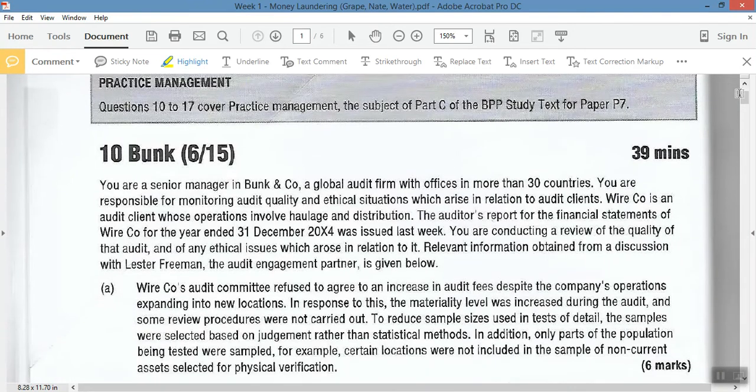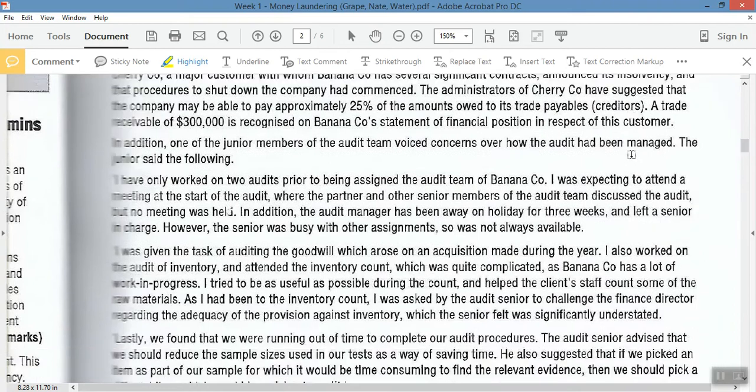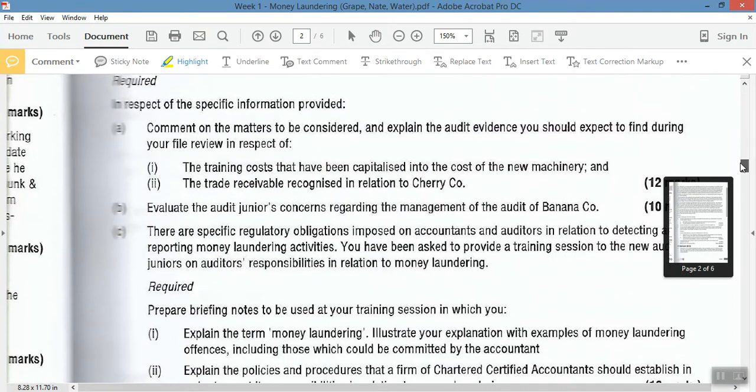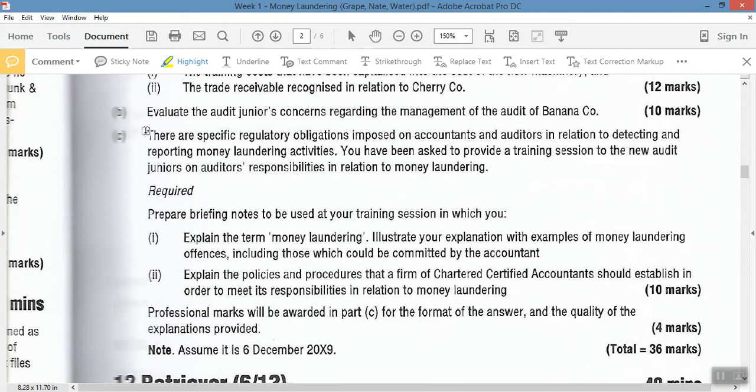Okay, so let's continue now. So we are going to cover Grapes, the first question for today. So the relevant question will be C.